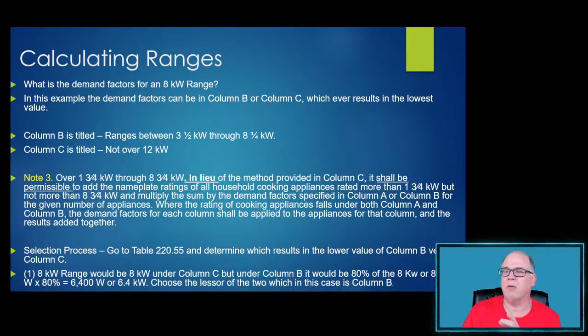And this is unique in the code because usually everywhere else, you take the greater value. But when it comes to ranges here, I get to compare and I get to take the lesser value.